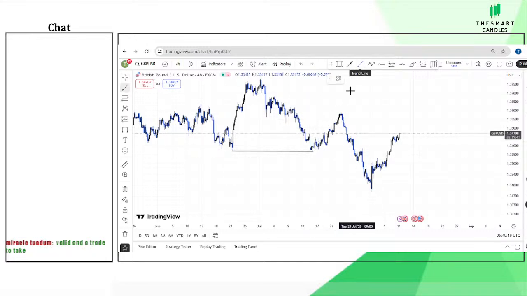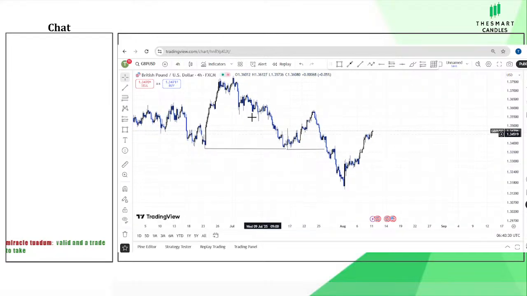Then we had a market change of character at this point on 4 hours. We have this break of structure. That is the most visible price action I can see on 4 hours.